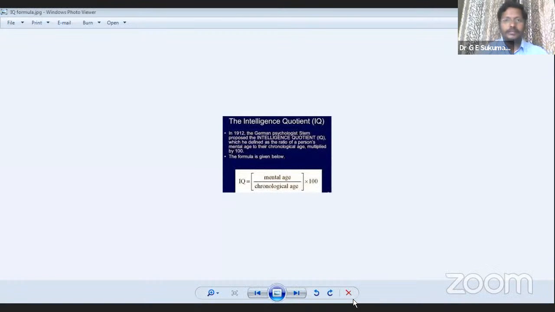If you can see this particular slide, one may wonder, as intelligence talks about n number of things, how you adjust to new situations, how you act purposefully, all that. So how can a person's intellectual ability be calculated?